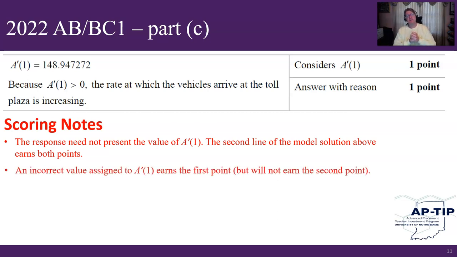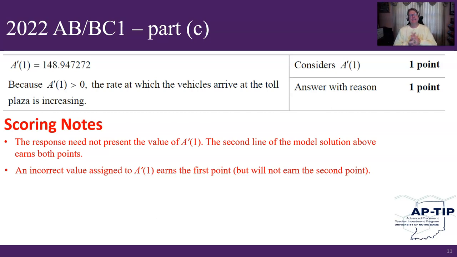Now, what if a student evaluates A prime of 1 but does so incorrectly? Well, we're going to go ahead and award the first point because the student definitely knew that A prime of 1 was the focus in answering this question. Now, whatever happened that they got that value incorrectly, maybe they pushed some buttons wrong or what have you, that would certainly jeopardize the subsequent parts of the problem.